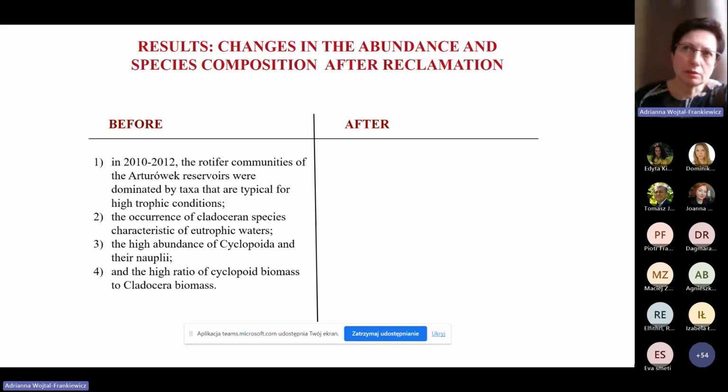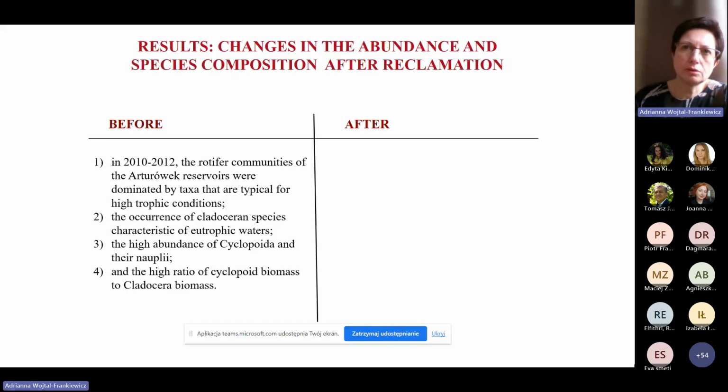Also, the high abundance of Cyclopoida and the nauplii, and the high ratio of cyclopoid biomass to Cladocera biomass were observed. This ratio is related to the trophic status of the water, and its high value is characteristic of eutrophic conditions.